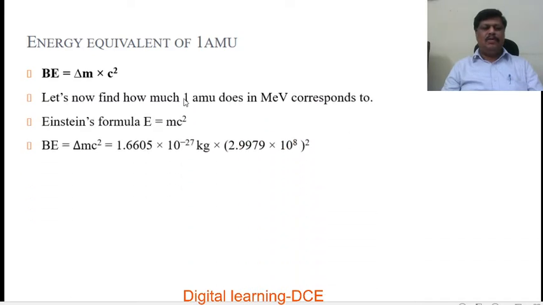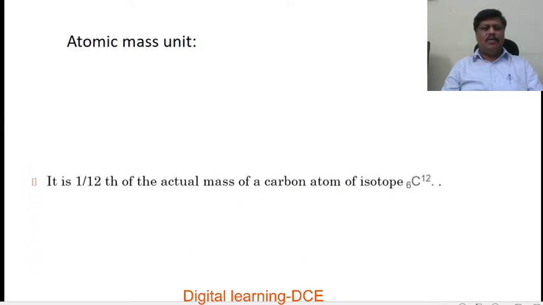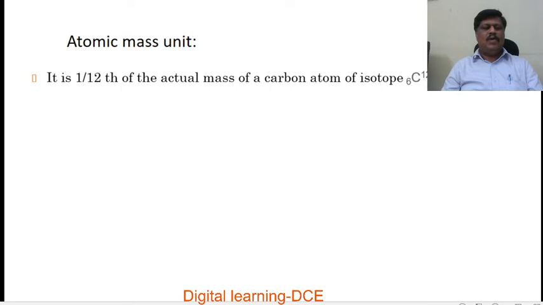So before going to study energy equivalent of 1 AMU, we will define what is AMU, that is atomic mass unit. Atomic mass unit is the smallest unit of mass used to measure the mass associated with the subatomic particles like protons, neutrons and electrons.